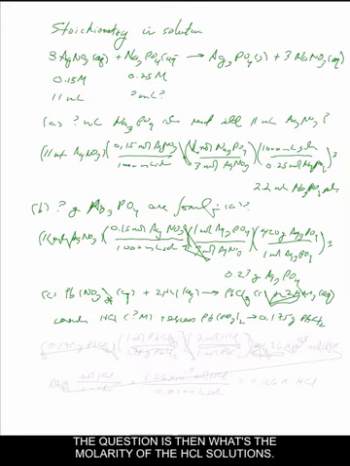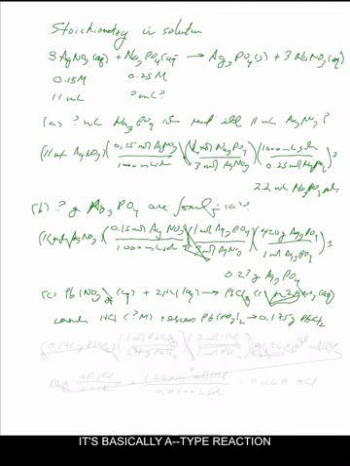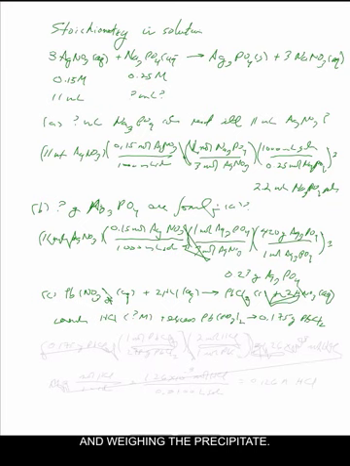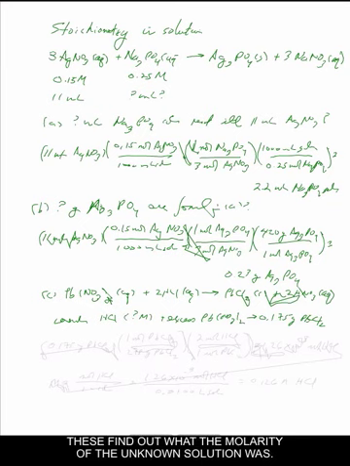The question is then, what's the molarity of the HCl solution? This is an example of what is basically a titration type reaction, in which I'm starting with a fixed volume of an unknown solution, reacting it with excess of the other solution, and weighing the precipitate to find out what the molarity of this unknown solution was.